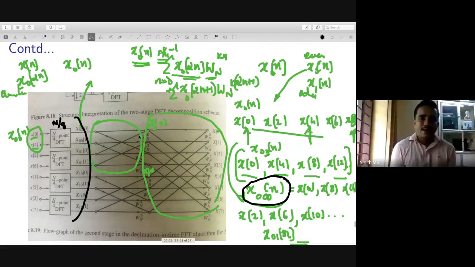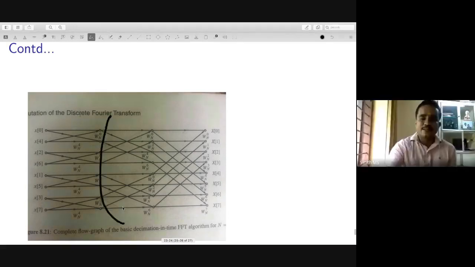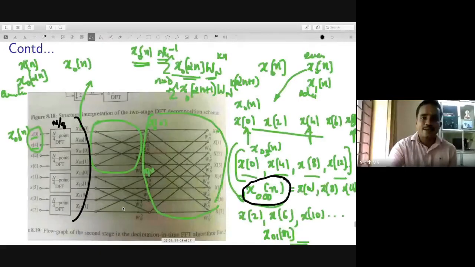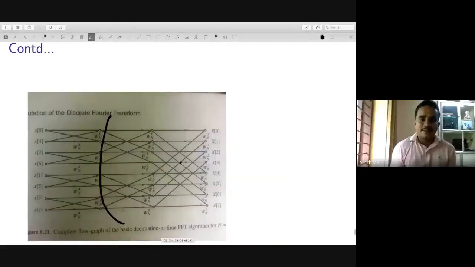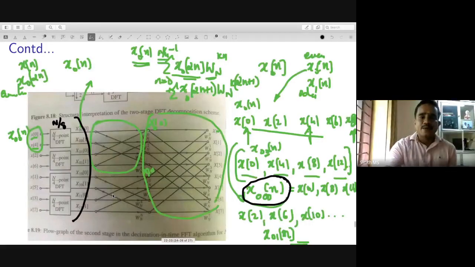We'll go to the next slide. Till this portion we have in the previous slide. You can see it here. The right side, this portion, is what we have in the previous slide. Now again, the left side of this is split into two.